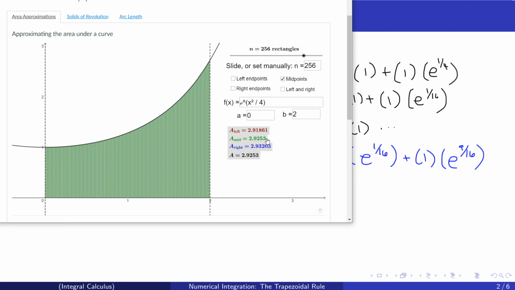It's practically the exact value if you only care about the 4th decimal place.